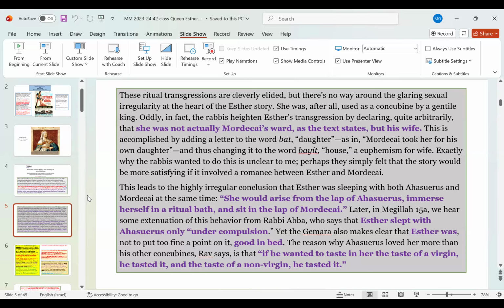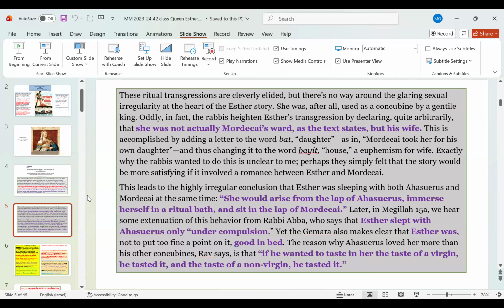But the midrash says she was not his ward, but his wife. And how do they do that? Because they add the word bat, as in, Mordechai took her for his own daughter, not as his daughter. Okay.